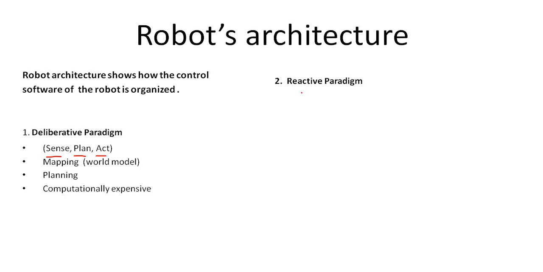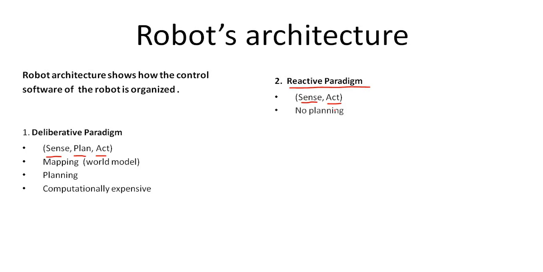The second type of robot architecture for control is the reactive paradigm. In this case, the robot has only sensing and acting ability. So the robot senses the environment, and then it performs action.